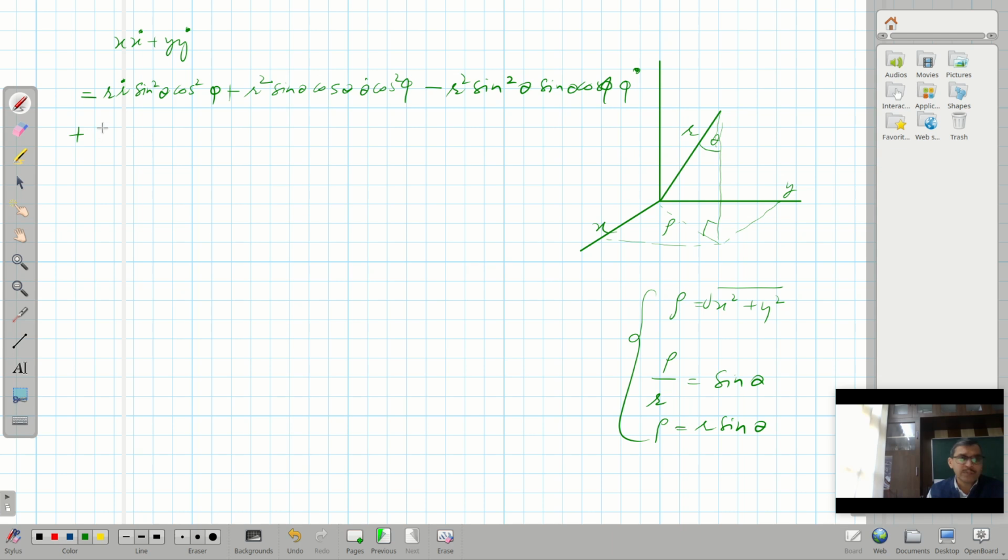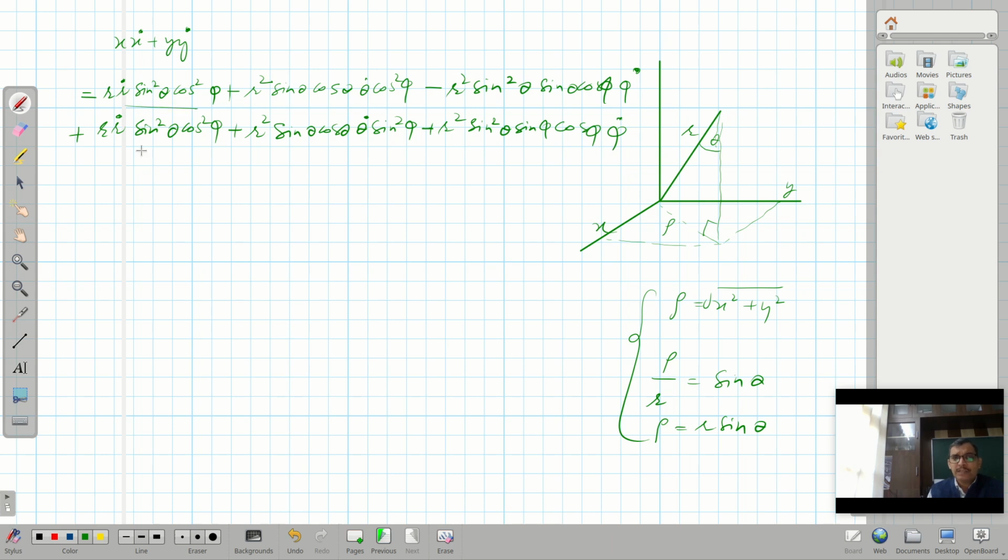plus, what will it be, y dot is r dot sine square theta cos square phi plus r square sine theta cos theta theta dot sine square phi plus r square sine square theta sine phi cos phi phi dot.